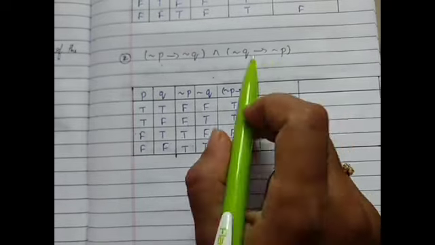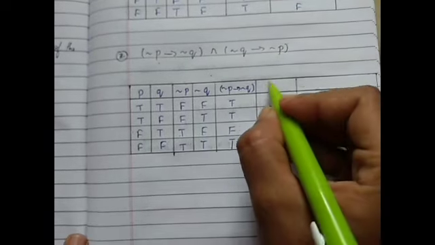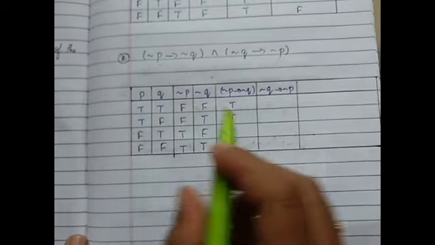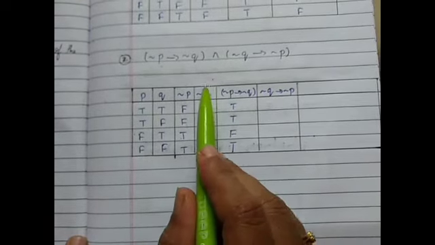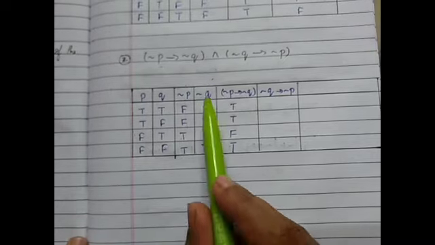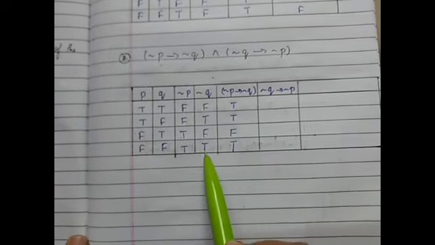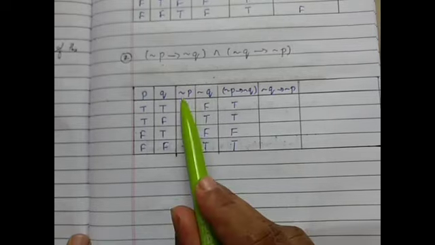Last column we have another bracket. Another bracket is negation Q implies negation P. So now we'll see these two brackets. But first we have to see fourth column, then we have to see third column.